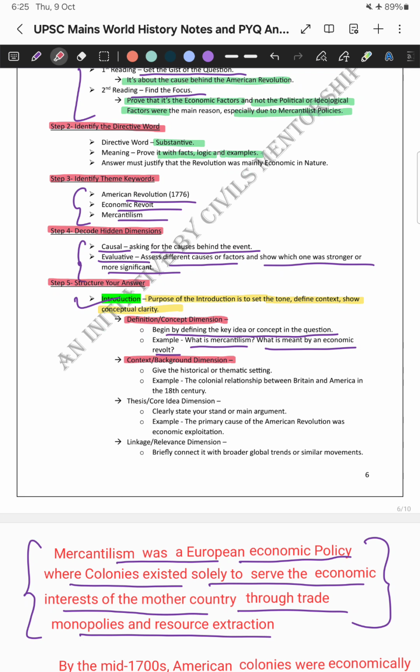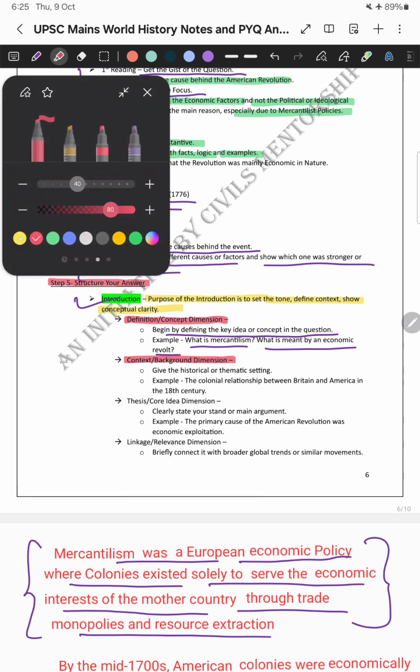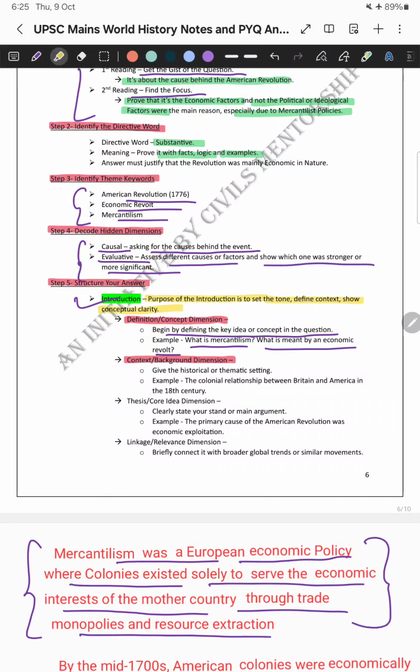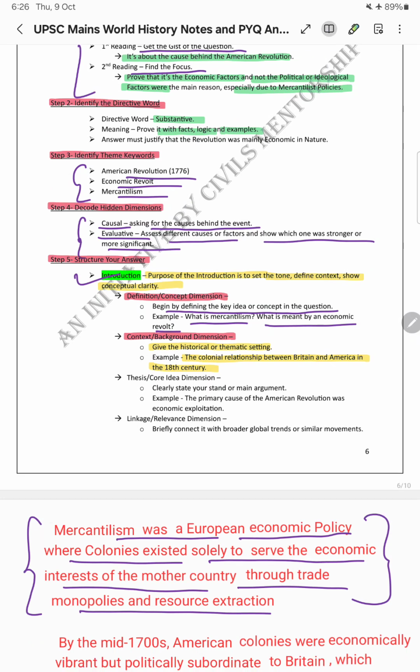You can give the historical or thematic setting, where you are introducing your answer by giving that setting. For example, in this question, you can introduce your answer by giving the colonial relationship between Britain and America in the 18th century.